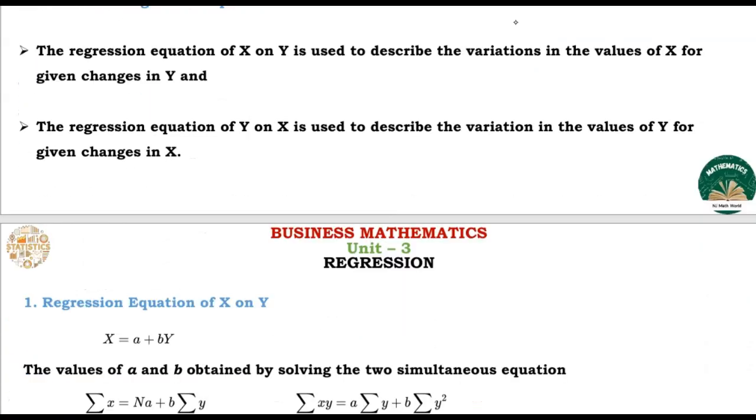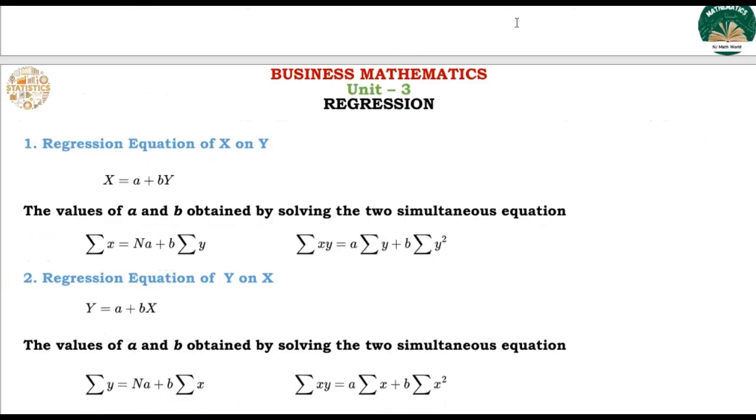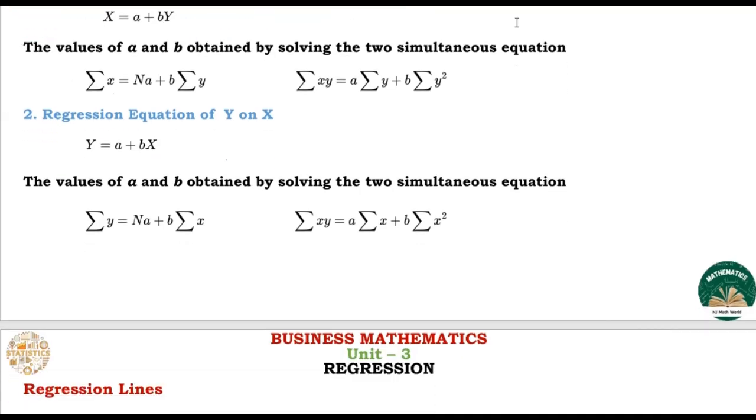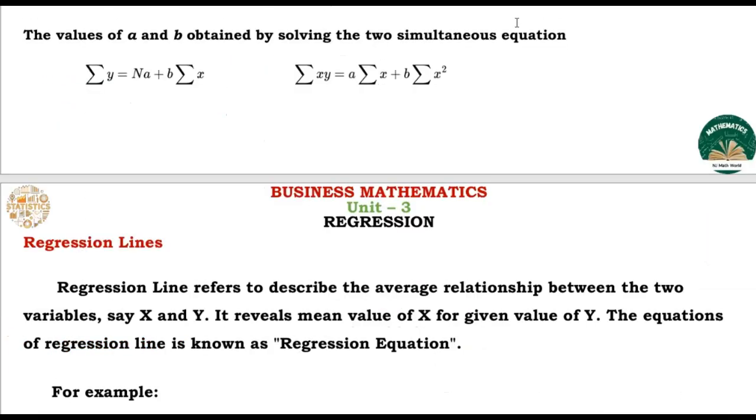In the same way, the equation of y on x is used to describe the variation in y when x is changing. And these are some different formulas which we'll be using to find the regression equations if the constants a and b are given, and we'll be using these equations in some problems as well.